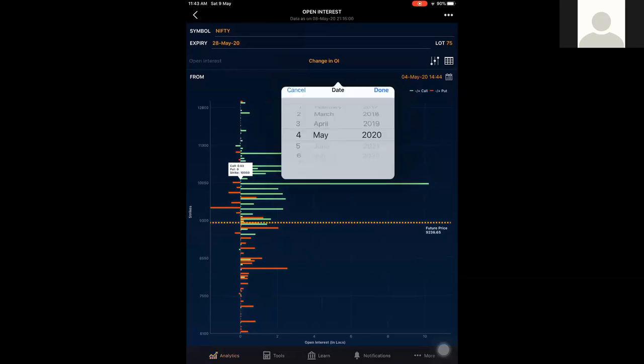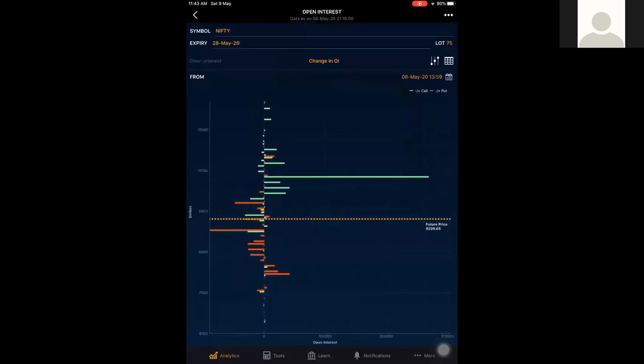Let's do it very close by. Let's do it for yesterday, 8th May itself. Tell me how much the OI has changed in the last 1.5 hours. So if I say from 2 p.m. to 3:30 yesterday on Nifty, in the last 1.5 hours, we saw the OI increase at 10,000.